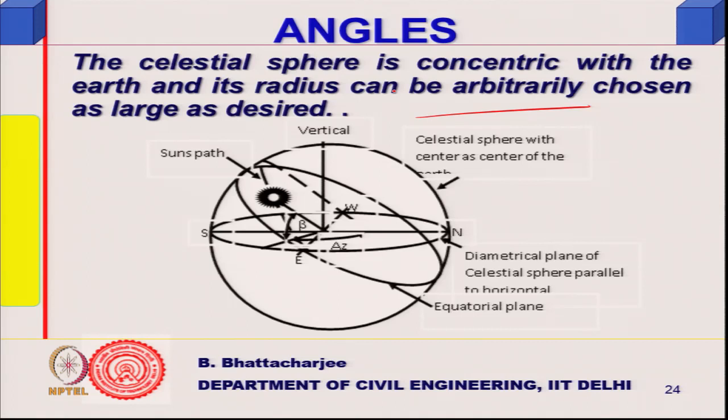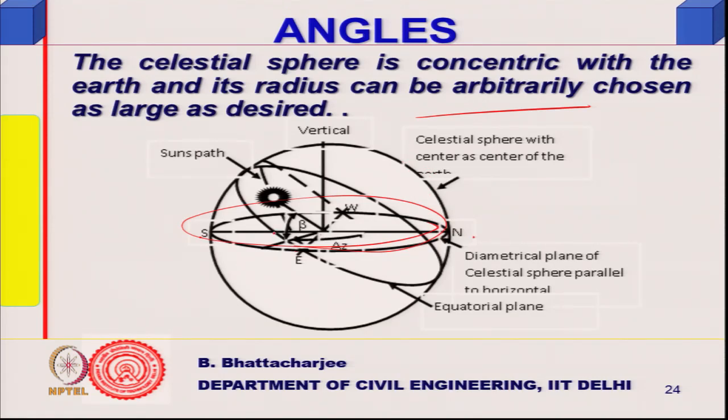In that, I can define the geographical north on the horizontal. So, this is my horizontal surface, this is north, this is south, this is east, and this is west, this is vertical. This is a celestial sphere with its center at the center of the earth.